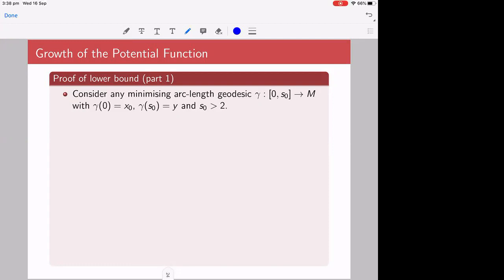Let's suppose that we've got a minimal geodesic that lies between these 2 points. And let's, without loss of generality, assume that this geodesic is parametrized by arc length. Now remember, we're only interested in proving this estimate for y really far away from x0. So we may as well assume that the length of this geodesic is at least 2.